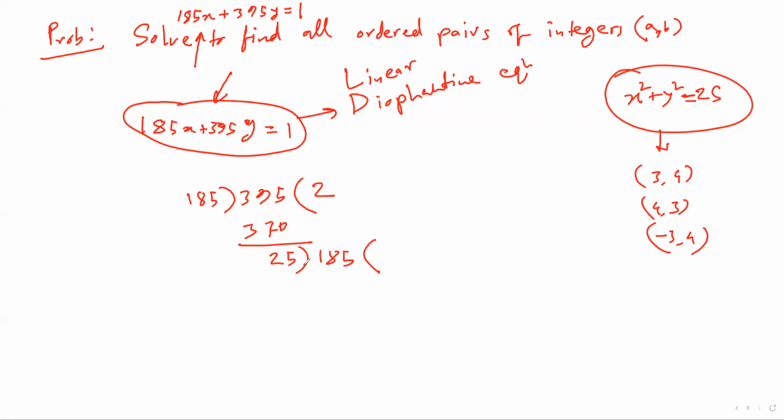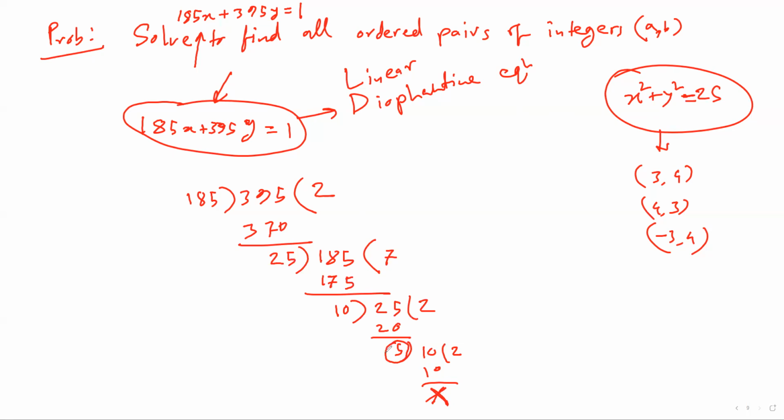So 25 times 4 is 100. So 25 times 6 is 150. Okay, we can go one more time, right? Times 7, we have 175. We have 10 here. So 25 to 25, 10 to 10, and we got our desired zero remainder situation.